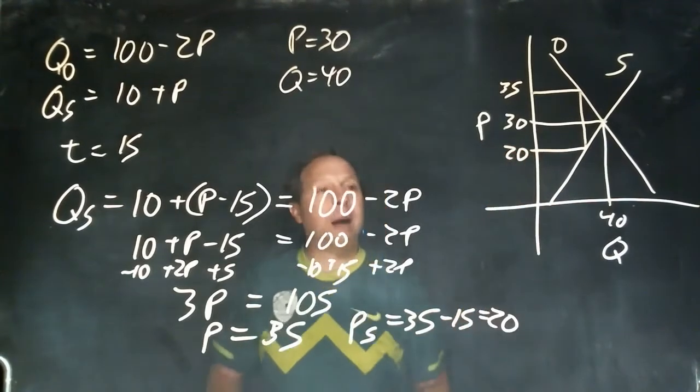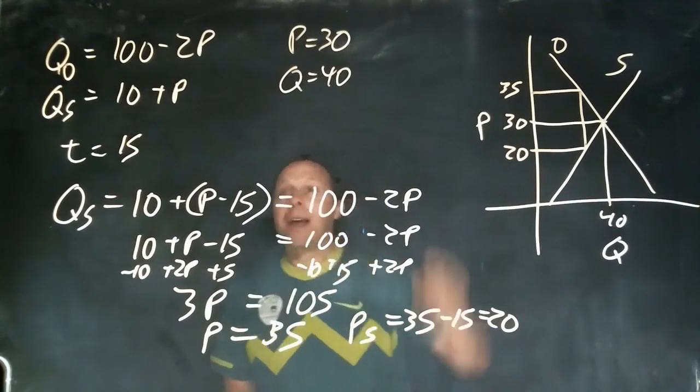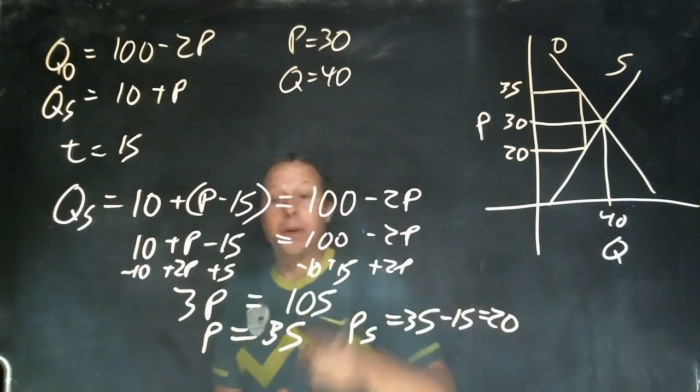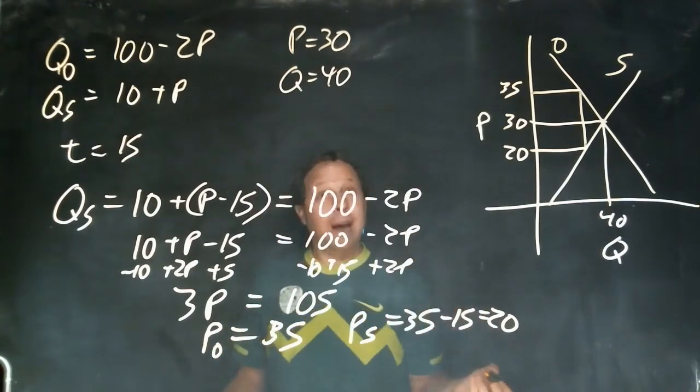So the suppliers are going to get $20 after getting 35 from the demanders and then having to pay $15 of tax.